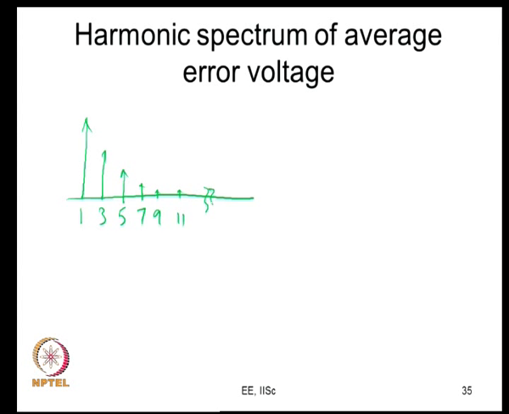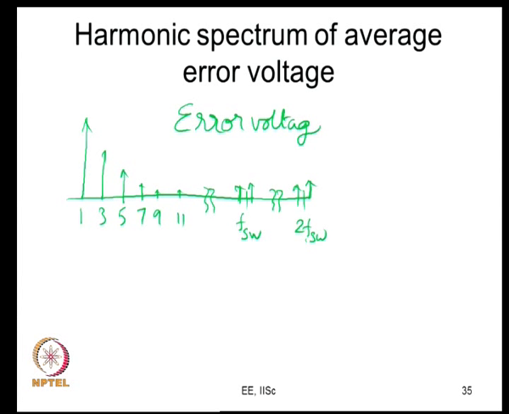Then it will also have components around the switching frequency. This is the voltage harmonic spectrum of the error voltage.